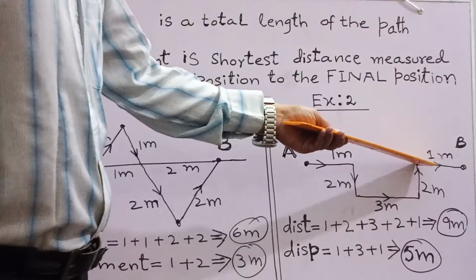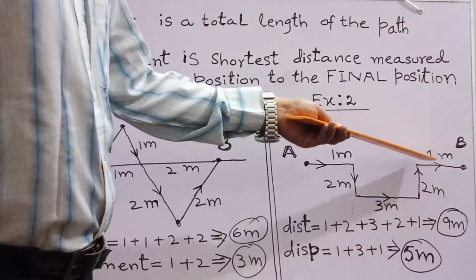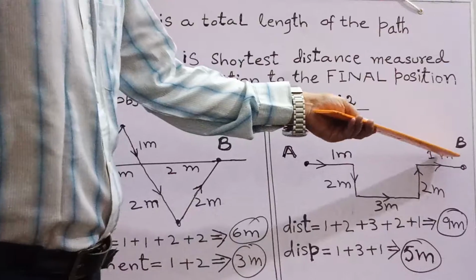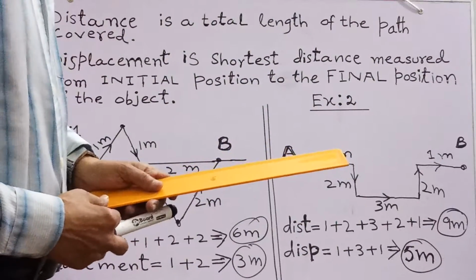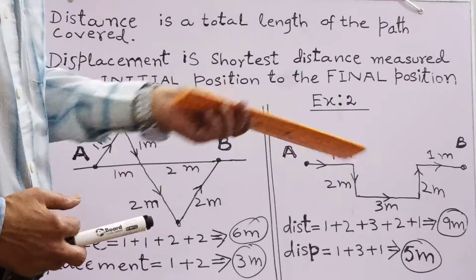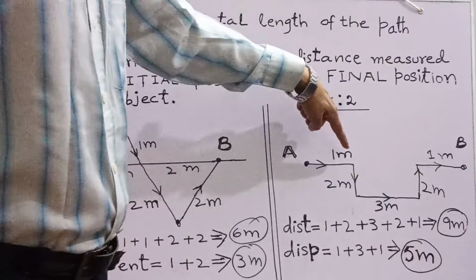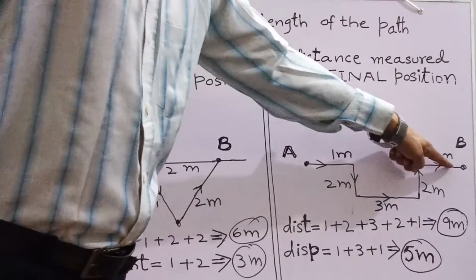And now from this point to this point, B is the final or ending point, it covers a further distance of 1 meter. Now for the distance covered, we apply this definition, the total length. So what is the total length in this case? 1 meter, 2 meter, 3 meter, 2 meter and 1 meter.